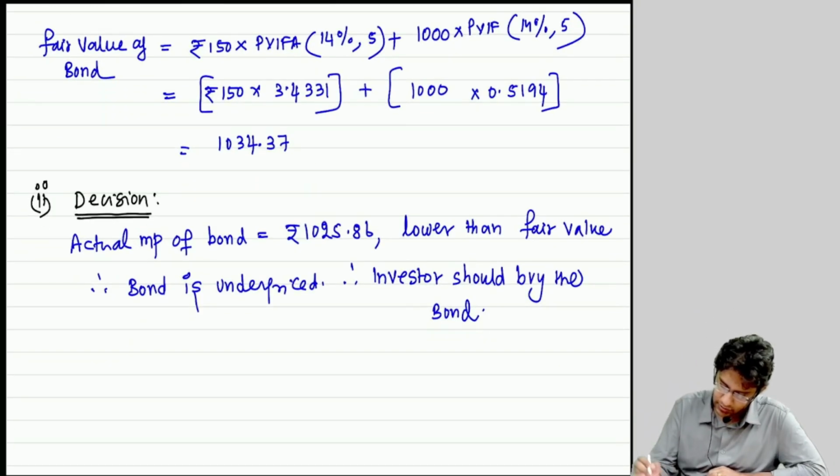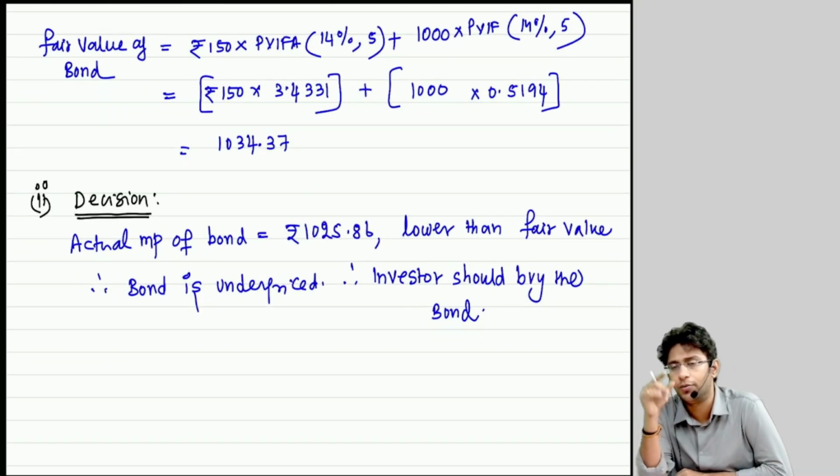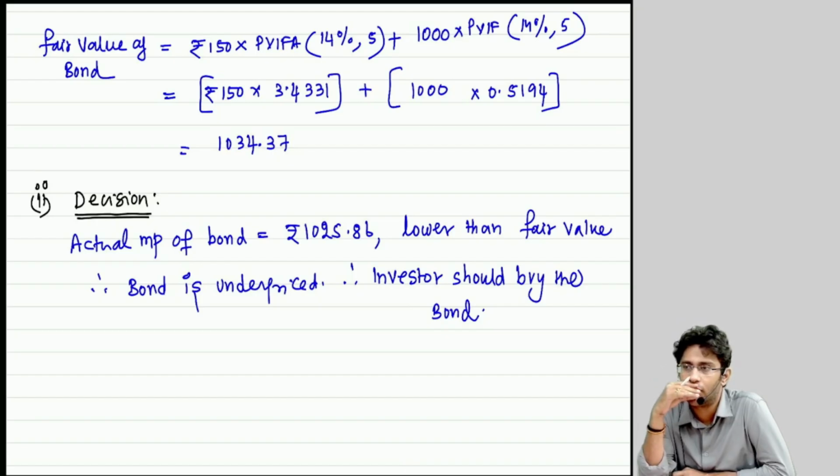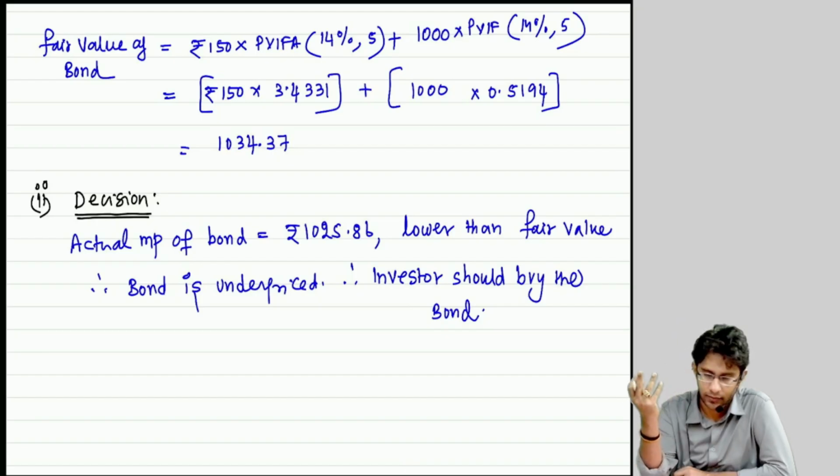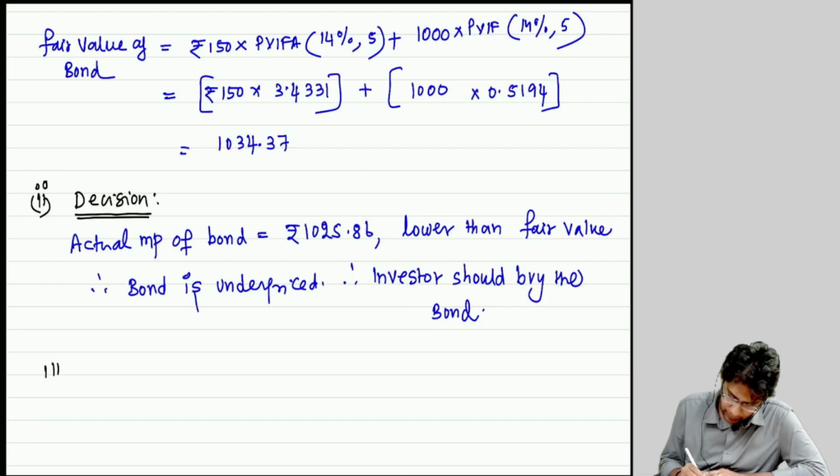Okay. So tell me, if you buy an underpriced bond, how much return will you get? More than your required return. Actual return is YTM. He's asking that also. Please work out.